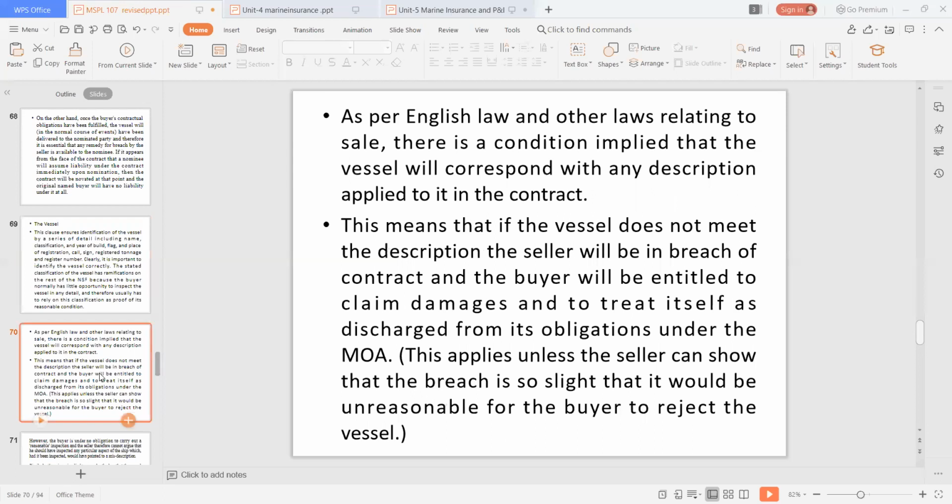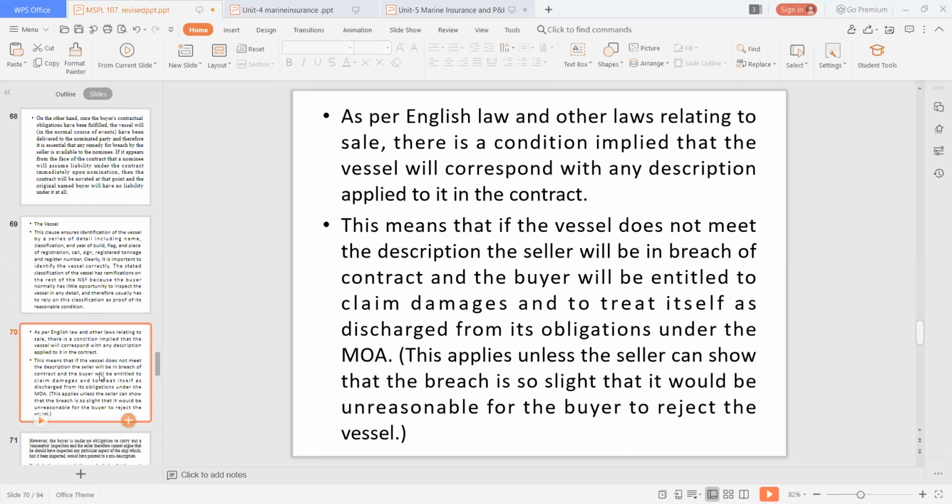Right? See this? As per English law, I already told you about that, and other laws relating to the sale, there is a condition implied that the vessel will correspond with any description applied to the contract. This means that if a vessel does not meet the description, the seller will be in breach of contract and the buyer will be entitled to claim damages. Definitely.